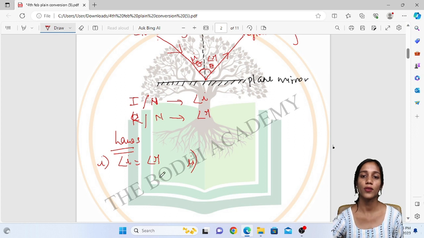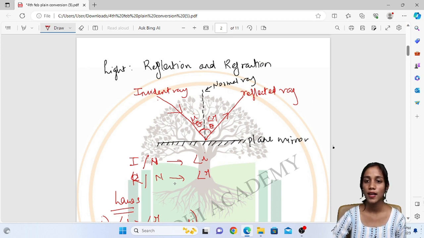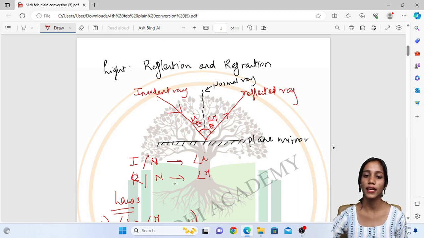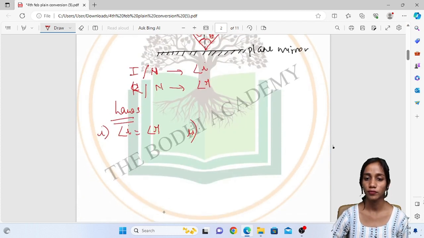What does the second law state? The second law states that the incident ray, the normal at the point of incidence, and the reflected ray all lie in the same plane. So this is the second law of reflection.